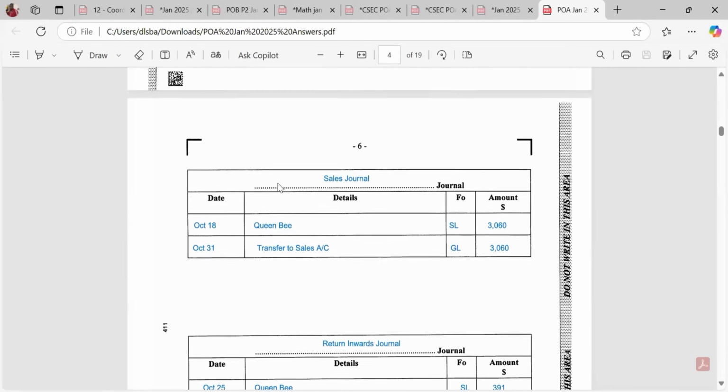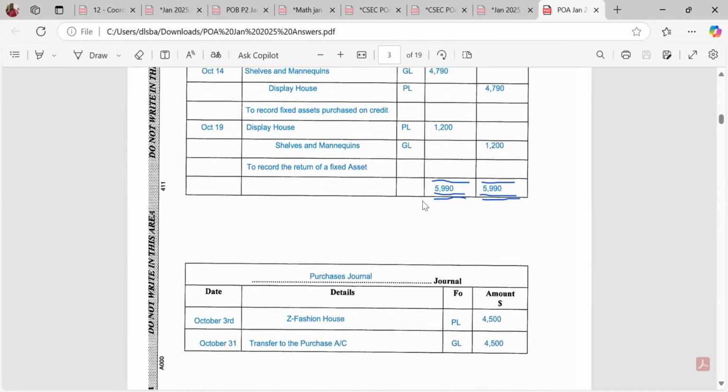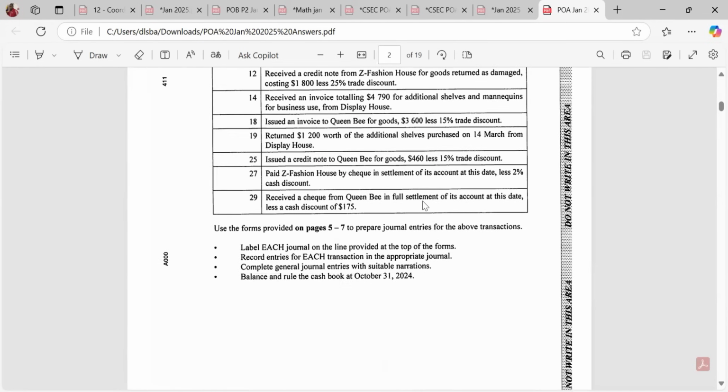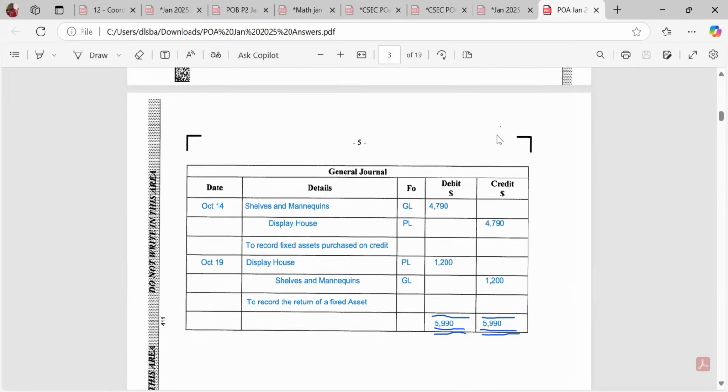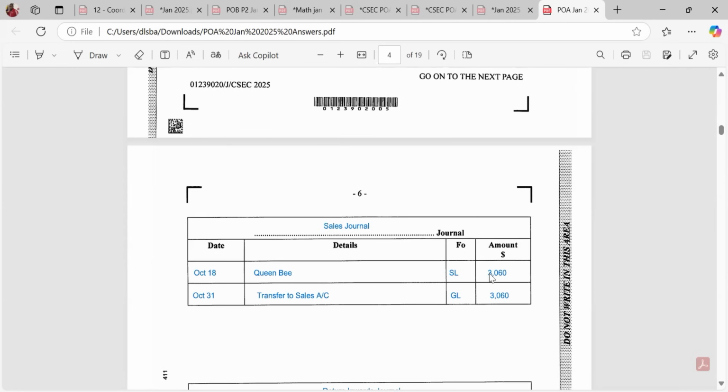So open a sales journal, put the date, details is Queen Bee, folio SL, and they gave a trade discount, you have to subtract it immediately. So I'll calculate 15% of 3,600 and subtract it. I believe that's 550. Oh, let me see. No, 540, sorry. Subtract it, we get 3,060.